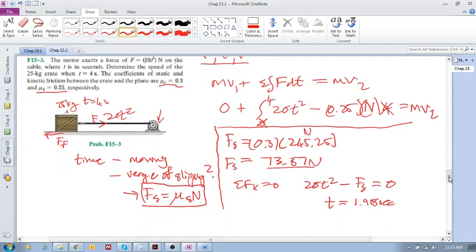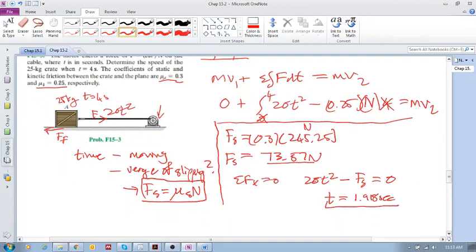Only at 1.918 seconds does the force from the motor begin to exceed the static friction force, and only then does it start moving.